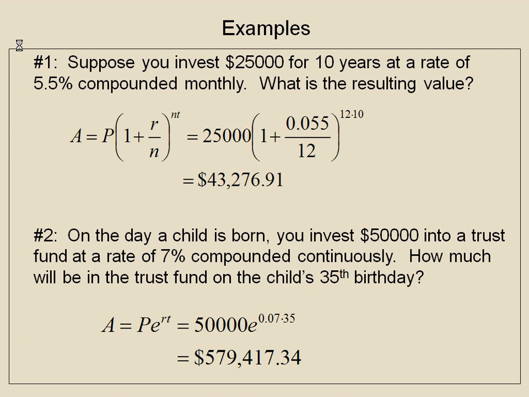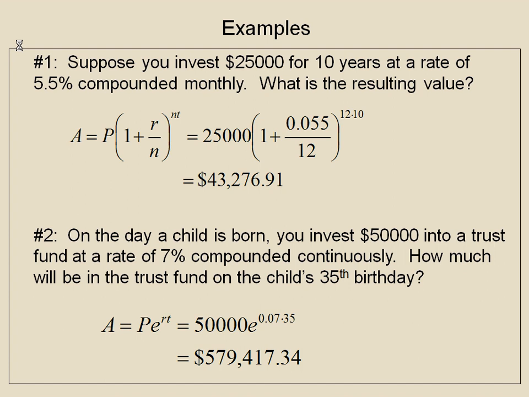I'm going to divide that rate by N, which is 12 because it's compounded monthly. That's 12 times a year. And I'm going to raise that to the N times T. N is 12, and T is, of course, the 10 years. If I type that into the calculator, I end up with an ending balance of $43,276.91.